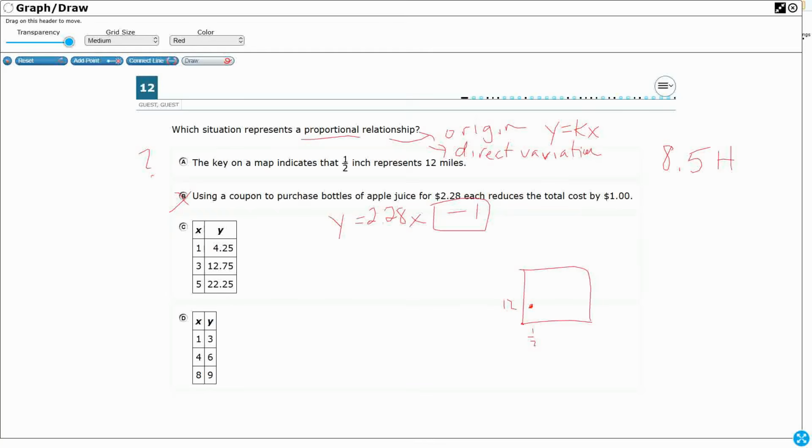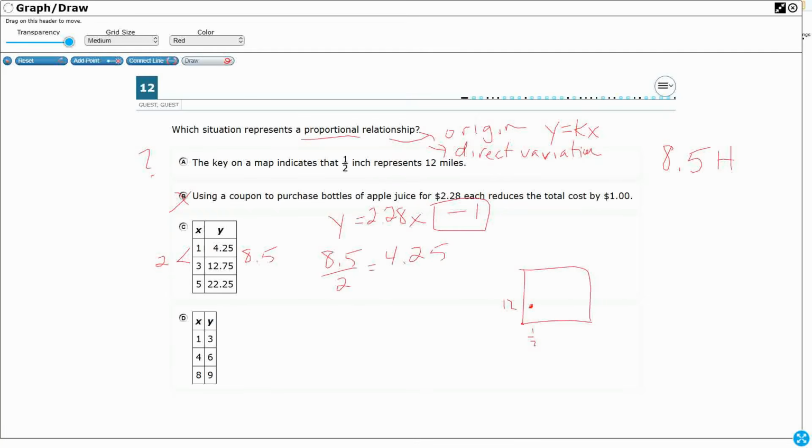The difference here is 2, and then the difference here is going to be 14.25 minus 12.75. So that's going to be 8.5. All right, so since that was a difference of 2, we need to divide 8.5 by 2. That's going to be 4.25. Okay, so that could possibly work.